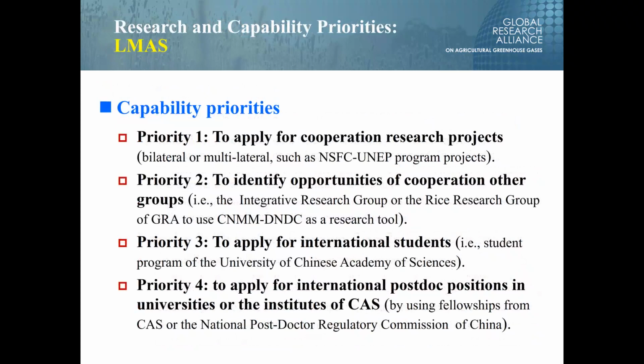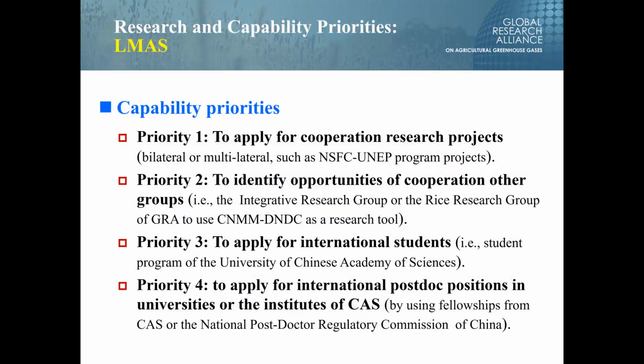For research and capability, we propose 4 priorities for capacity building. The first is to apply for cooperation research projects between China and other countries or international organizations.